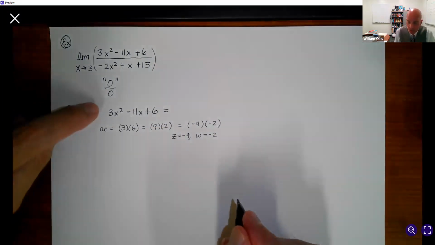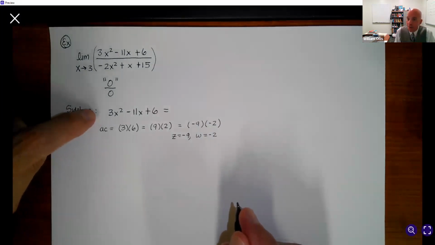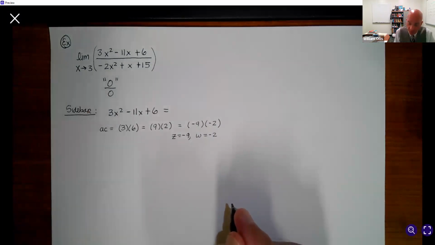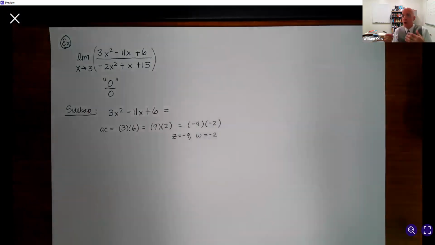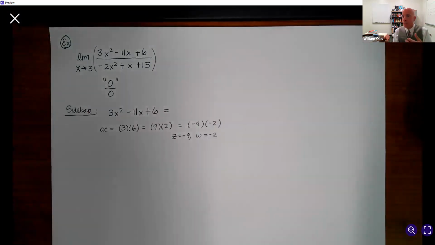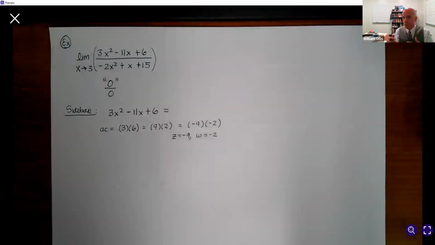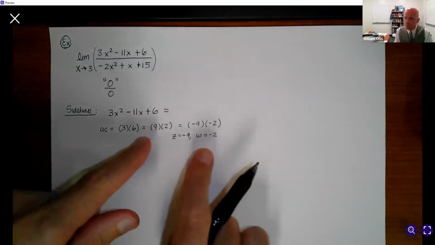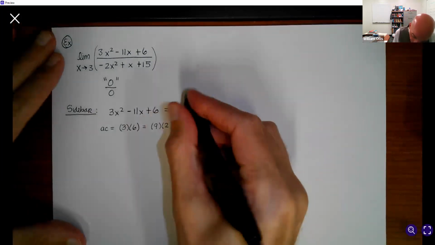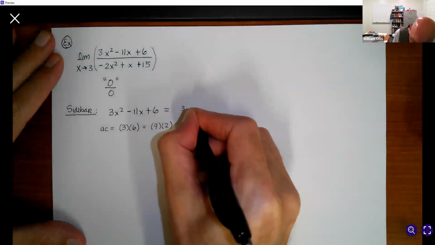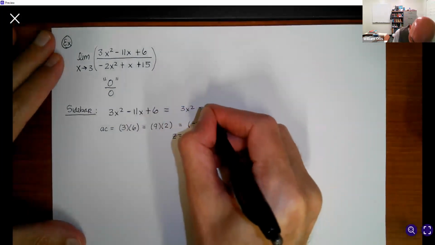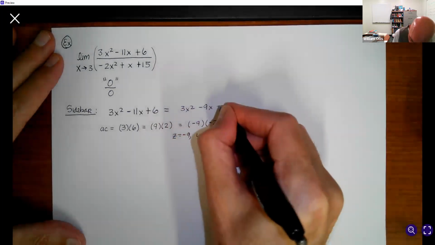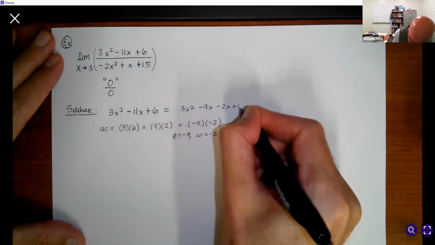Basically what we're seeing is that this integer polynomial factors into two integer polynomials. Of course, you can also create theorem formulas for this, but this is so easy to do, it's probably quicker just to do it this way. So we have 3x squared minus 9x minus 2x plus 6.